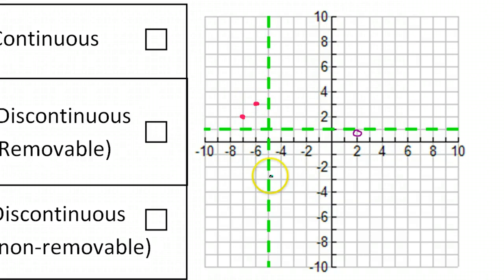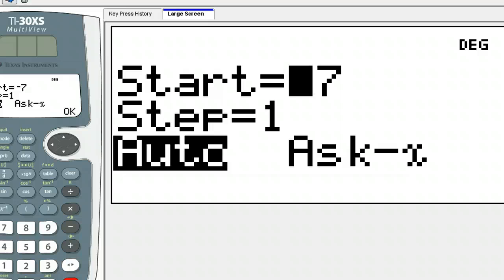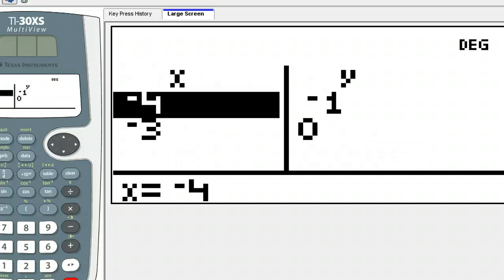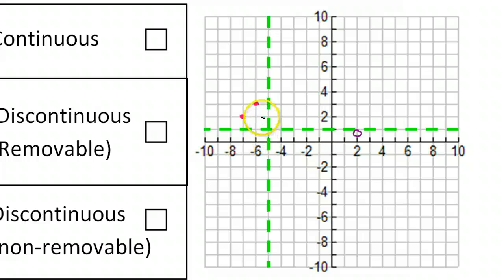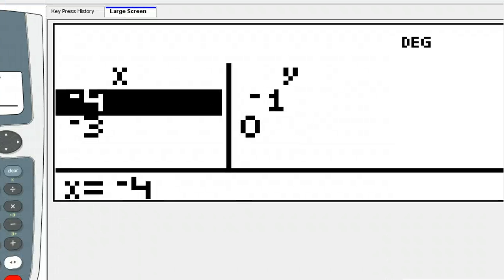I always like to look at the decimal to the left and right of an asymptote. So I'm going to look at negative 5.5 to see what's going on there. To do that, I'm going to quickly switch to ask mode so I can ask directly what I want. Negative 5.5. Okay, let me move this over a bit.